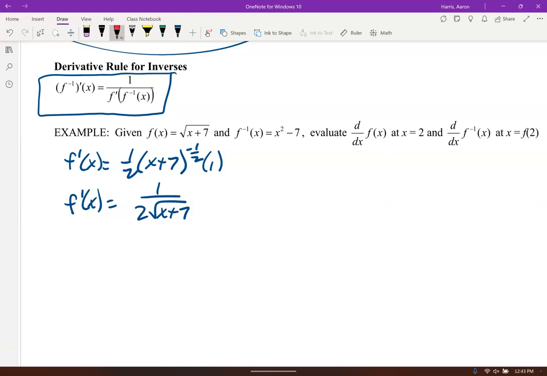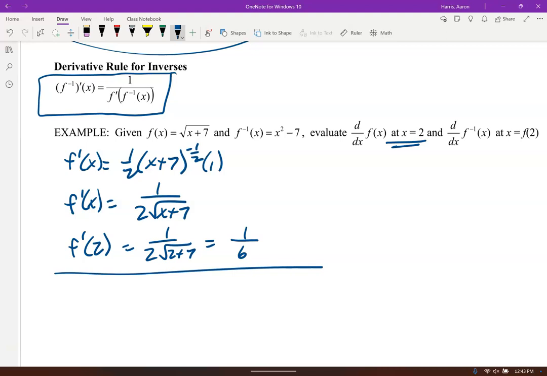Now we'll take that derivative at x equals 2. So f prime, it says find that at x equals 2. Square root of 9 is 3, so I got 2 times 3, I got 6 on the bottom there, so I got 1/6 there. All right.